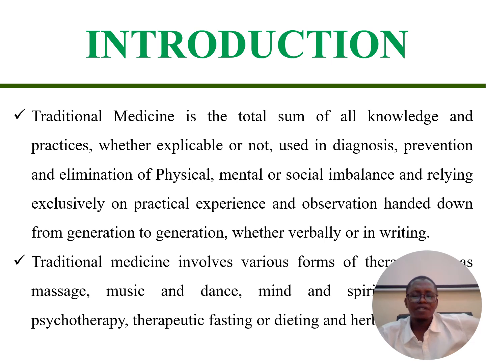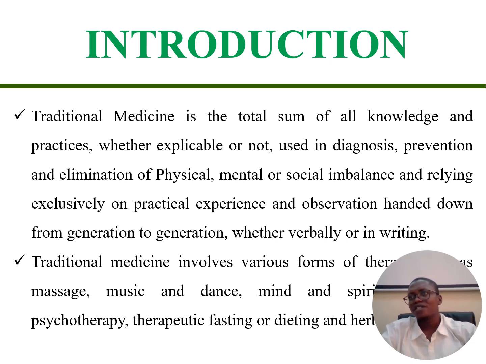traditional medicine is the total sum of knowledge and practices used in the diagnosis, prevention, and elimination of physical, mental, or social imbalance or illnesses. This type of medicine is handed down from generation to generation.